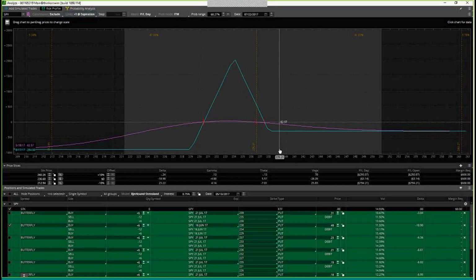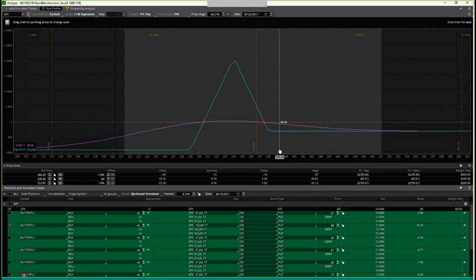One of the reasons why my longer term butterflies, just meaning a month out, didn't get hurt in this drop is because you learn over time that if you're going to have trades that are going to be short Vega, you have to realize that a delta of 0 is not a market neutral trade.